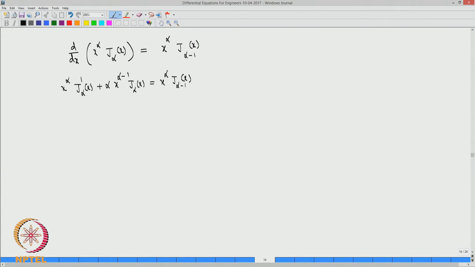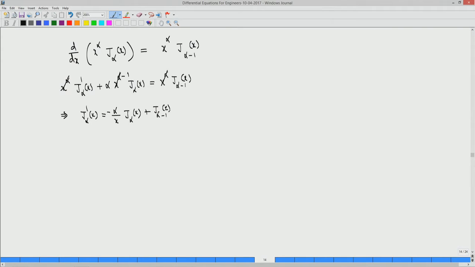Now you cancel x power alpha on both sides, so what you have is J alpha dash of x equal to minus alpha by x J alpha of x, if you bring it this side, plus J alpha minus 1 of x.